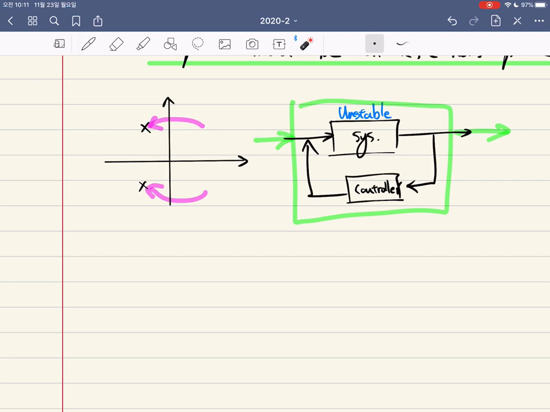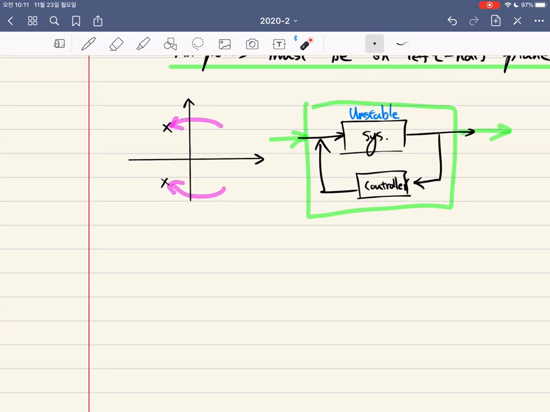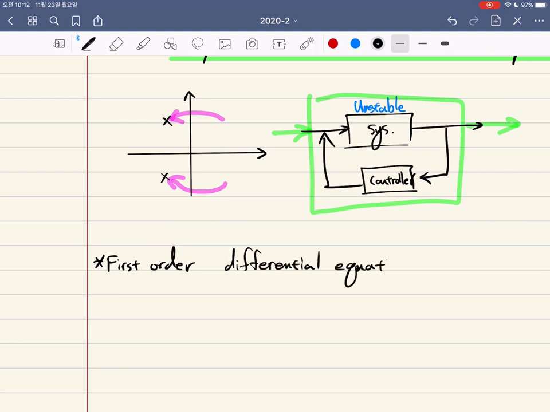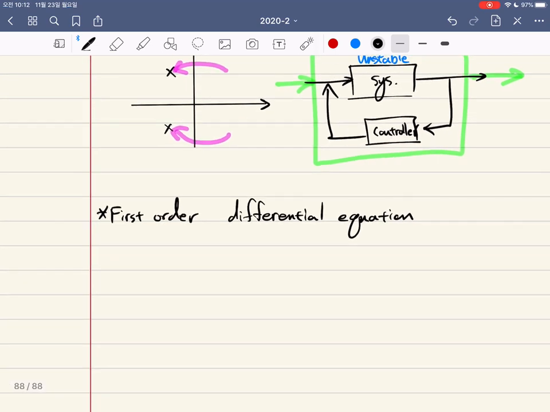Now I would like to use the Laplace transform properties and apply them to the differential equation: the derivative of y(t) with respect to time plus a times y(t) equals x(t).